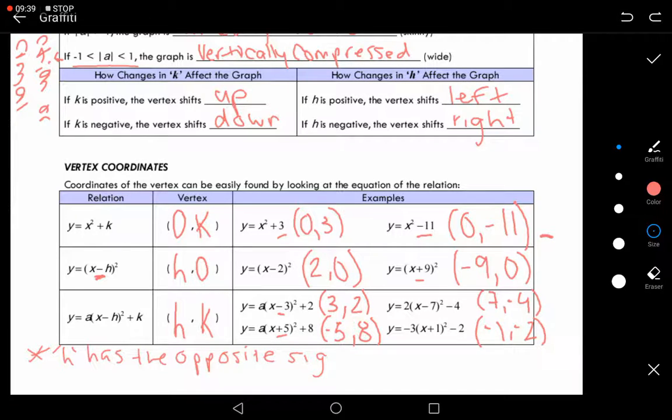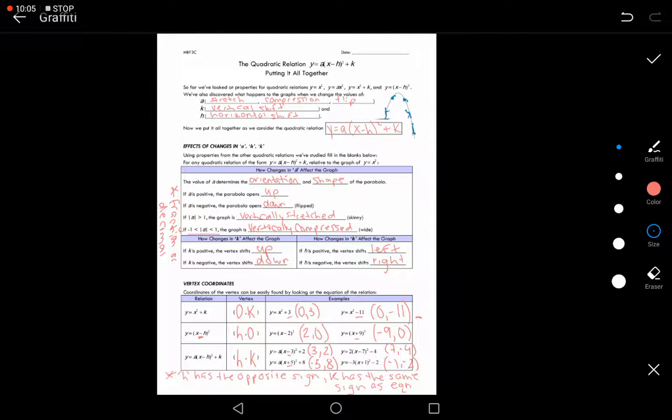H has the opposite sign, and then K has the same sign. Okay, don't get confused by that. I don't mean same sign as H. I mean same sign as the equation. So I'll just say as equation. EQN's equation. Okay, so this is a summary on transformations of quadratic relations.